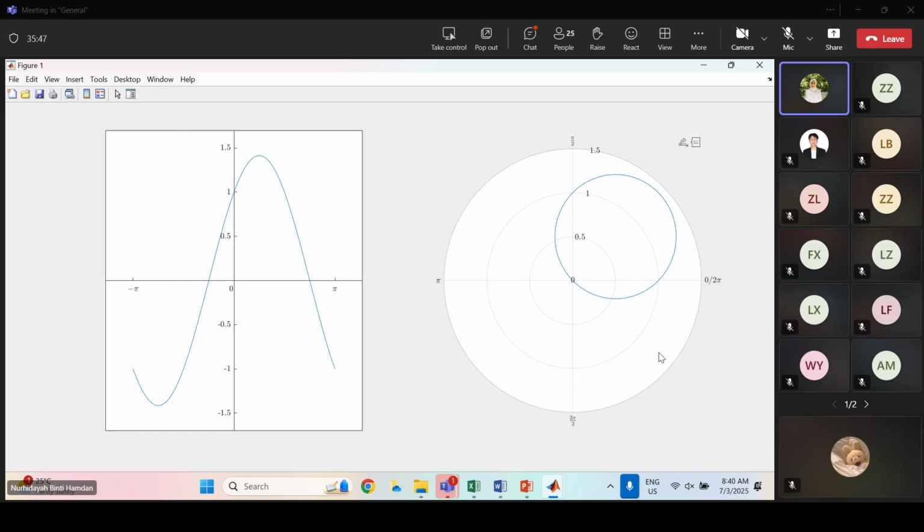But for statistical graphs like bar chart, pie chart, histogram, it doesn't matter. For mathematical graphs, all of the notation you have to use LaTeX. For statistical graphs, it's optional. If you want to use LaTeX, also can; if you don't want to, also can. But if they request for it, of course you have to change it. Okay, let's do it.